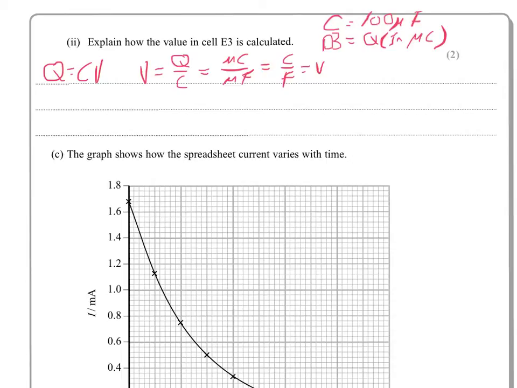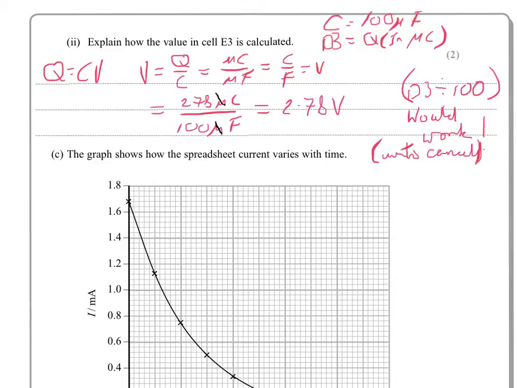So if V is Q over C, then if we take what's in D3, the charge in microcoulombs, and divide by the capacitance in microfarads, then the micros are going to cancel and you're going to get the equivalent if you had divided charge in coulombs by capacitance in farads, so you should get volts if you divide what's in D3 by 100. So D3 divided by 100 would work because the units are cancelling.